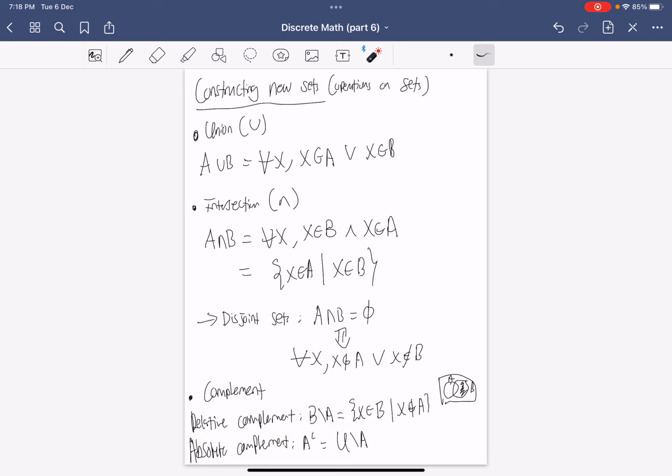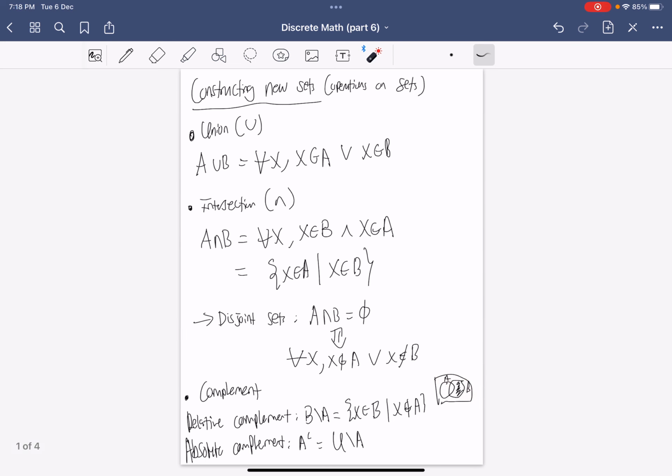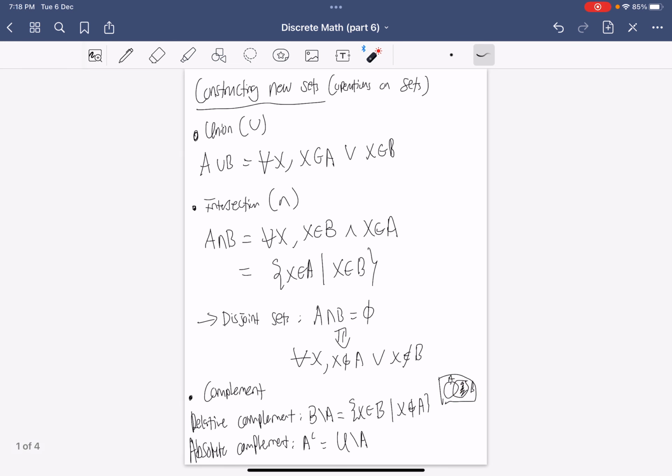If you look at the Venn diagram, you have set B and set A. They intersect at some point here. The complement is those elements in B but not in A. Meaning, it cannot lie in this intersection, and so it can only be in B but not in A. That's what it means to be a relative complement. You can also use the word difference, but I like to use the word complement.